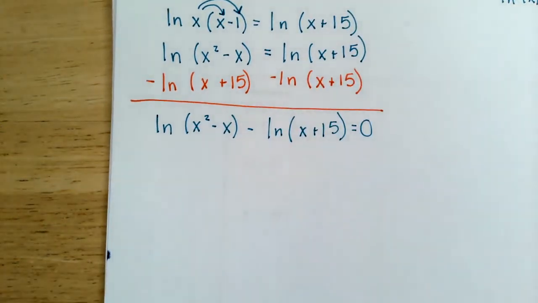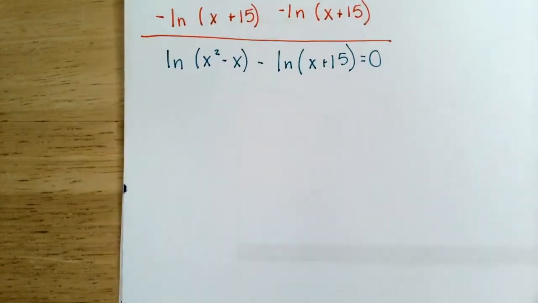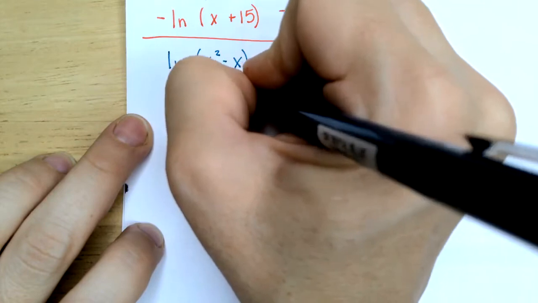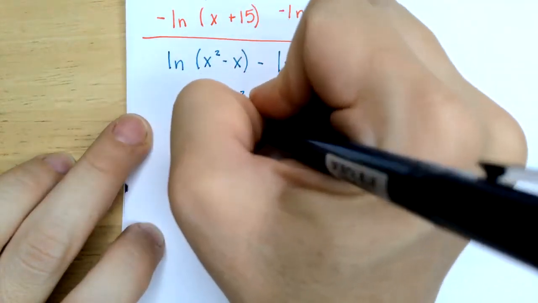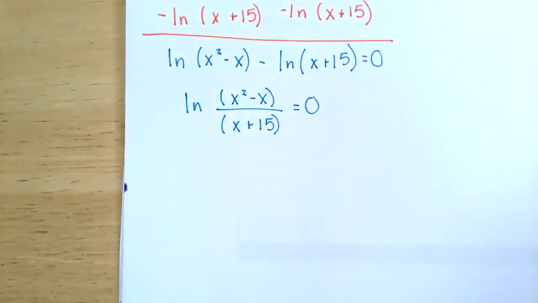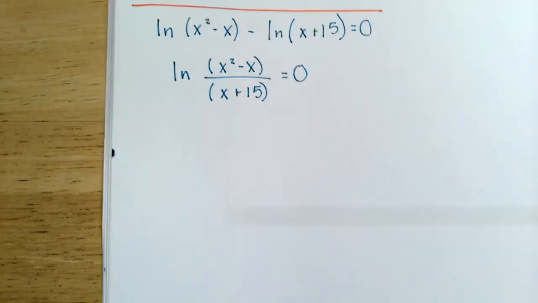Good. Now I can change the subtraction to a division problem. The natural log of x squared minus x over x plus 15 equals 0. Good. Now, just like we've been doing before, it is time to convert.